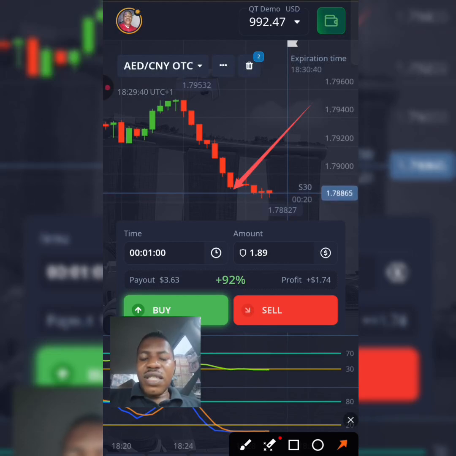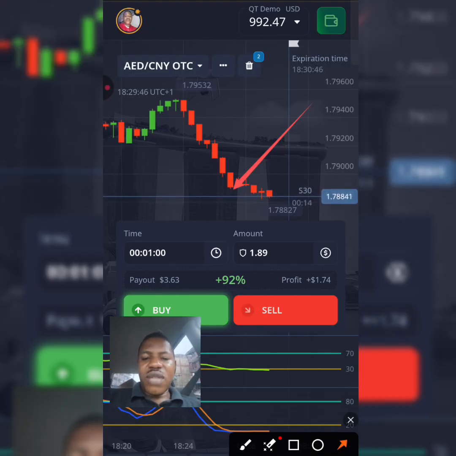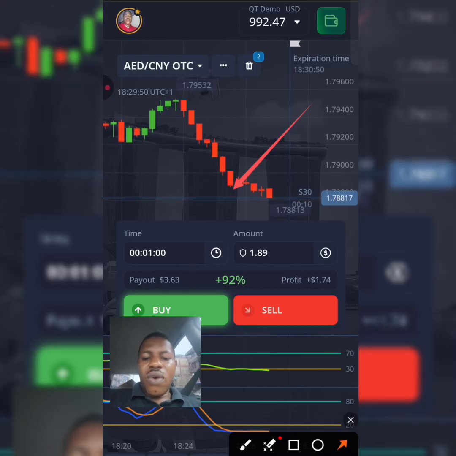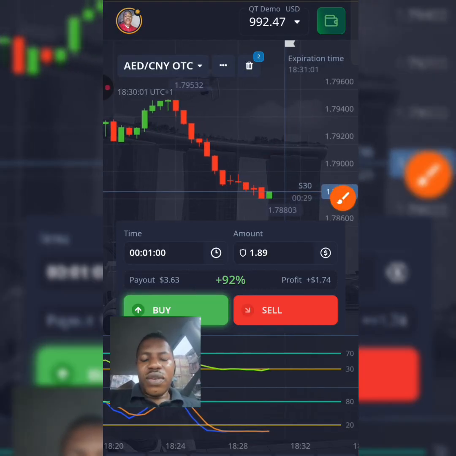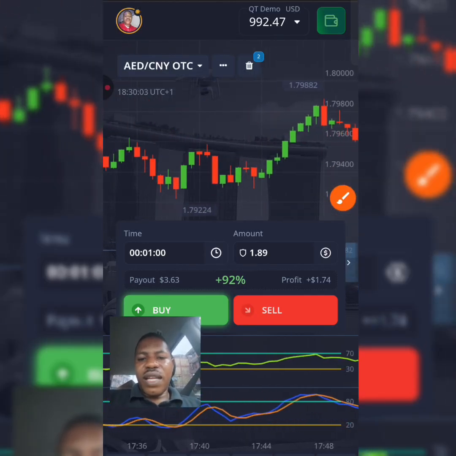So assuming I lost this trade, the best option is to leave it and look for a new setup. Yes, the condition is perfect, and I expect it to go up, but if it doesn't, then I'm supposed to leave it and look for another setup, because by the time you start chasing it, you will end up wiping out your account if you are not careful. Okay, let's look for another one again.